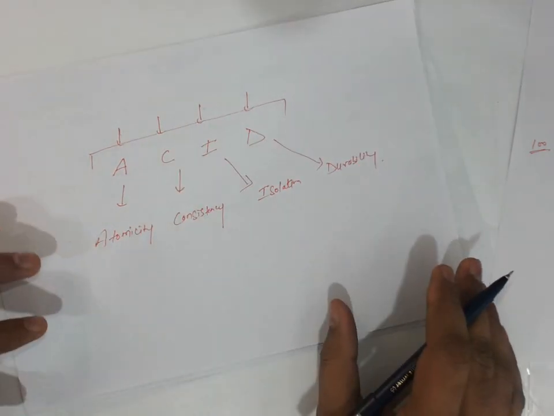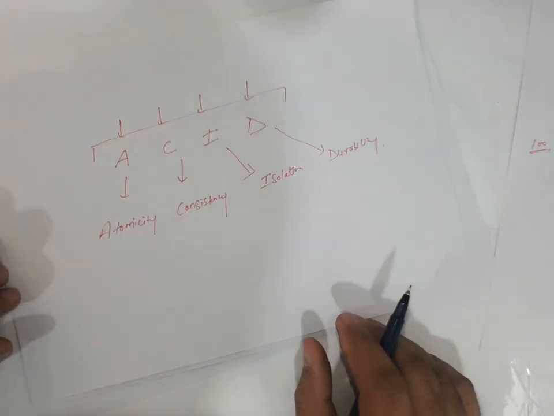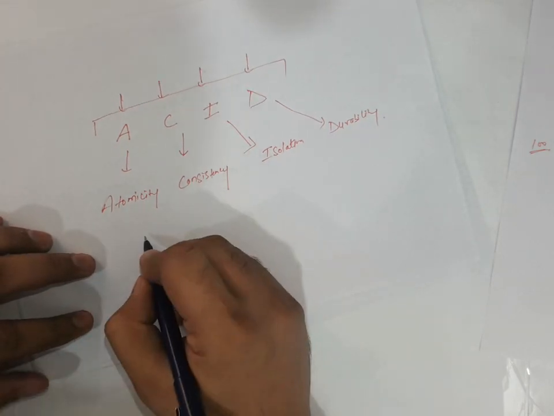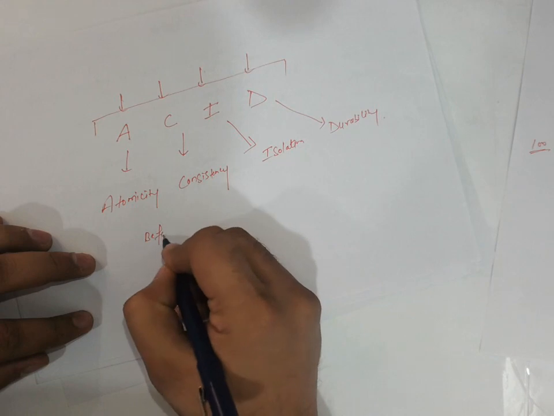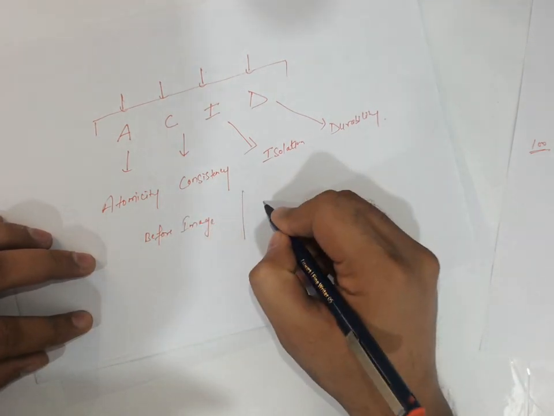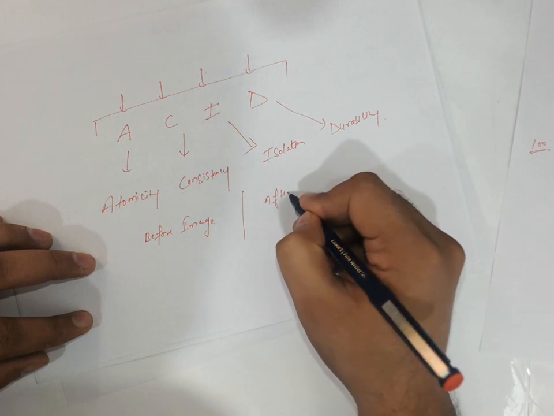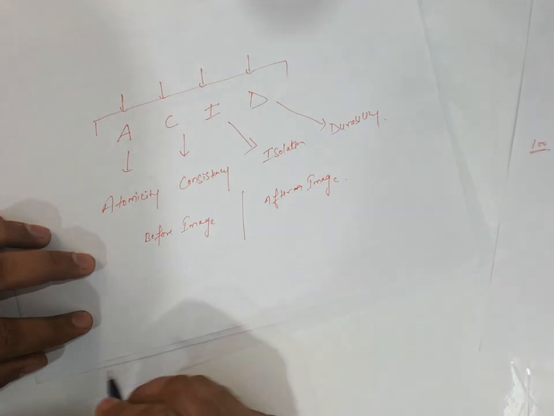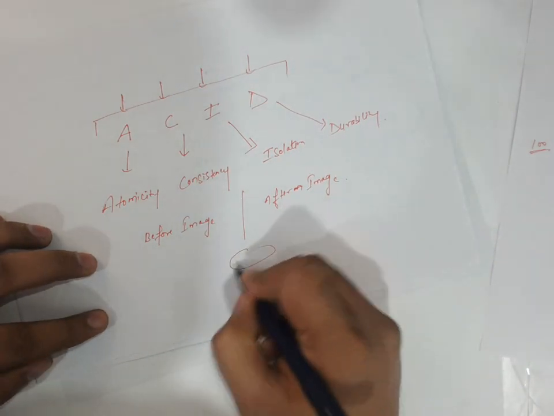What is the main logic behind it? There are two kinds of images in a database. First is called before image, and second is called after image. This is your database.